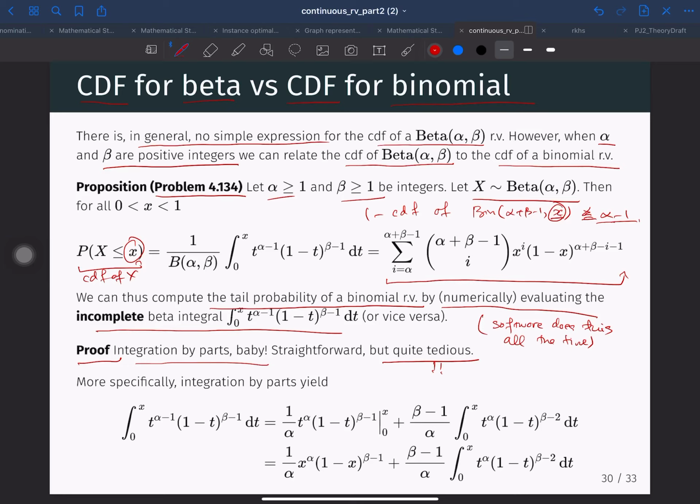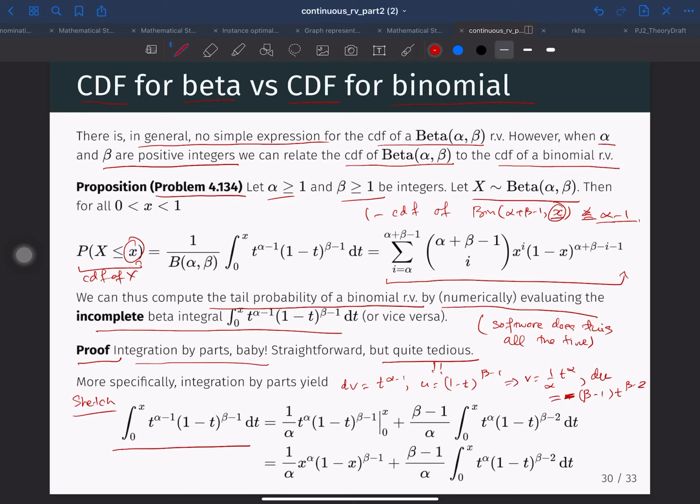So a sketch is as follows. We consider this integral here, and let's say dv be t to the alpha minus 1, and u be, say, 1 minus t to the beta minus 1, in which case v is 1 over alpha times t to the alpha, and du is beta minus 1 times t to the beta minus 2 with a minus sign in front.